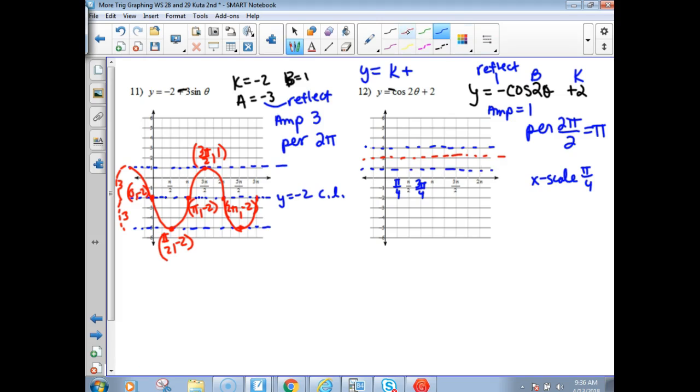Okay, so I'm going to go ahead and graph it now. It would normally start up at the maximum point, but since it's reflected, it starts here. And then it goes to the center line, then up to the max, back to the center line, and then finally ends at the min.